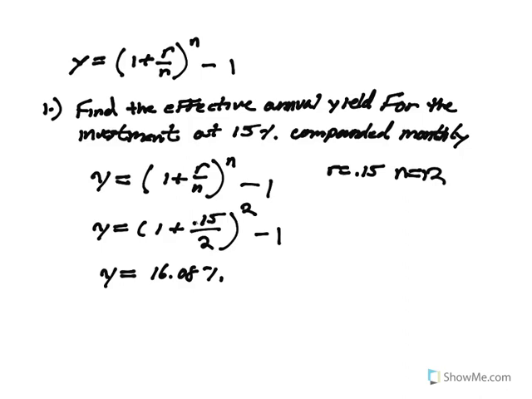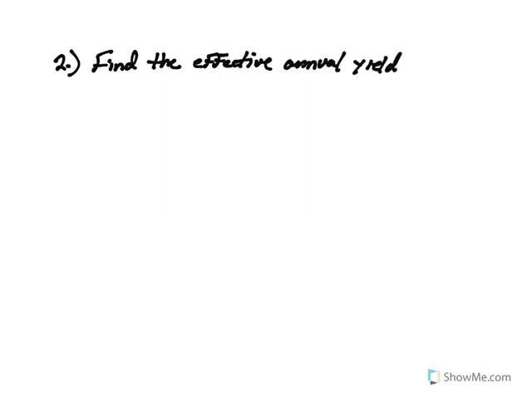So now we're going to find the effective annual yield. The investment's going to be at 15.25%, because that was the other situation that was given to us.